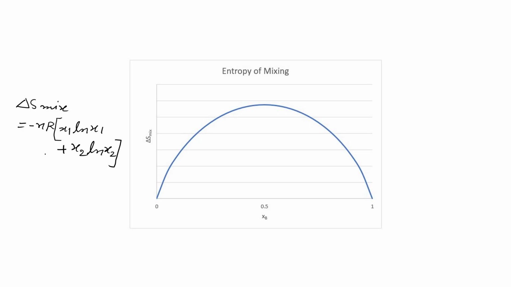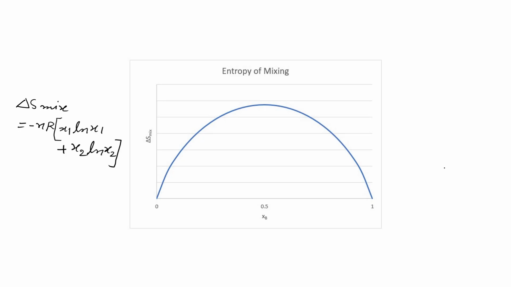So in exactly the same way you can derive that this delta S mixing will be maximum at X1 is to X2 equal to 1 is to 1, or X1 = X2 = 0.5.